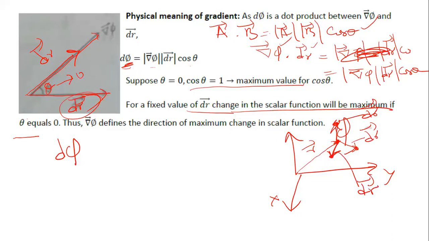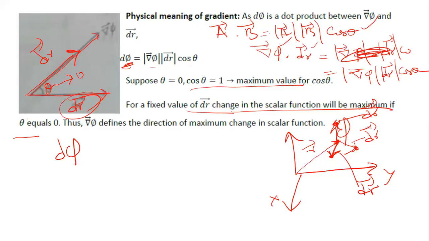So you can move your scalar function phi from one location in space to another location in space in any direction. You can choose your dr vector, your movement, in any direction in this three-dimensional space.